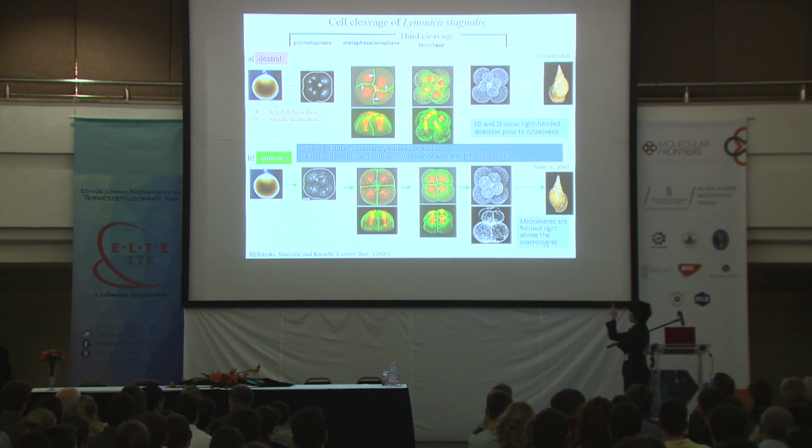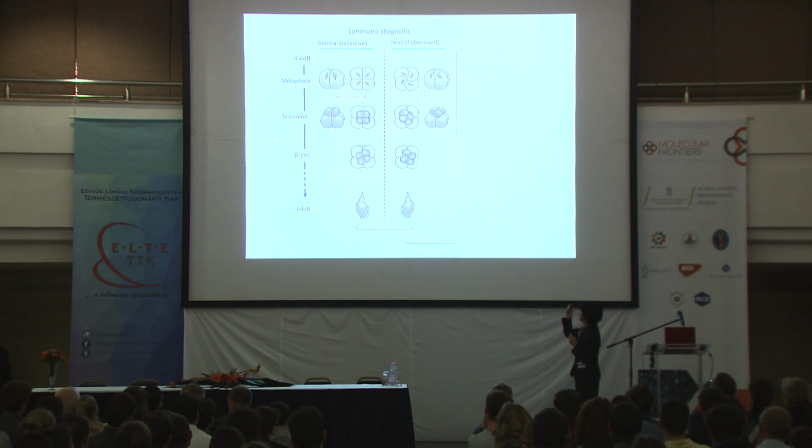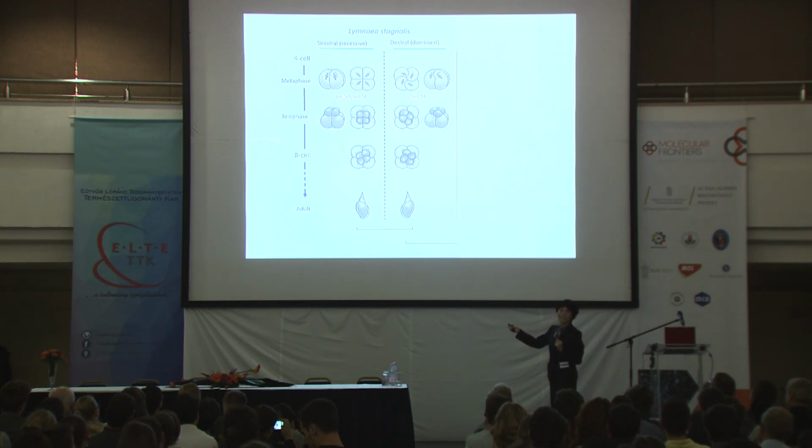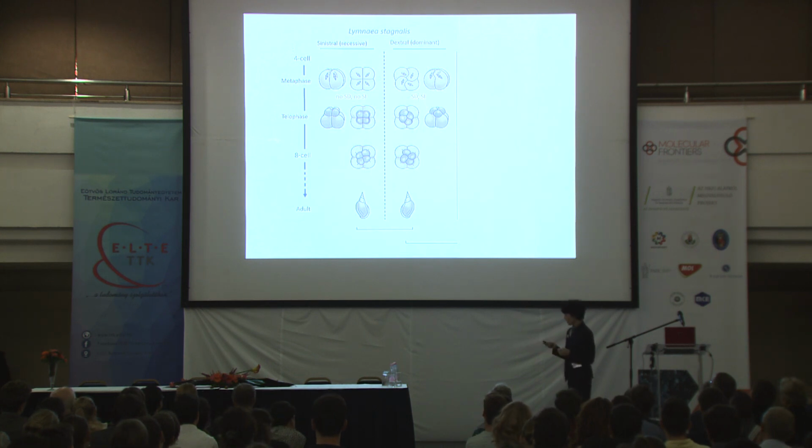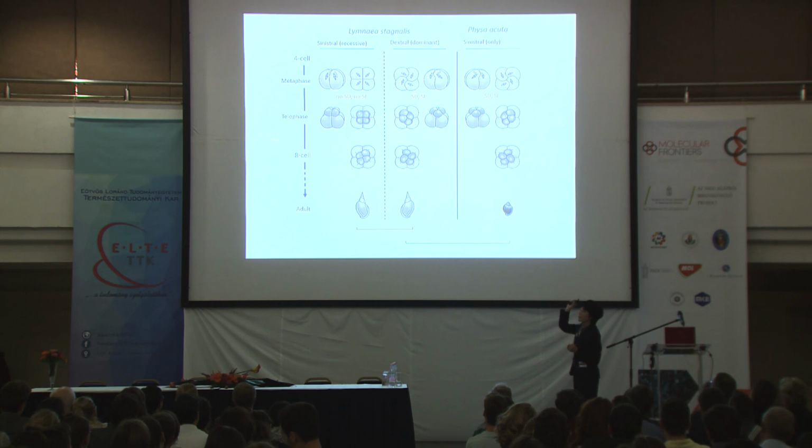So we thought this must be something really exciting and interesting. Many textbooks show it differently, but this is the true picture for the sinistral one: there's no SD, no SI, and then it becomes a sort of mirror image. And if you work on Facilla acuta, which is sinistral only, it is a dominant one.